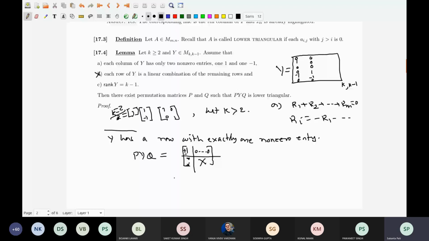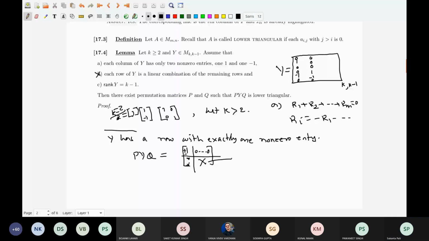Okay, fine, no problem. Now what about X? Look, in Y every column had two non-zero entries, 1 and minus 1. And on the top of X there is only 0 0 0 0 0. So therefore in X every column has a 1 and a minus 1. And what about the rank of X?